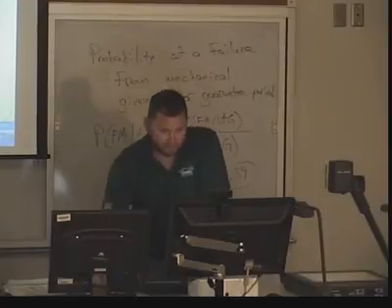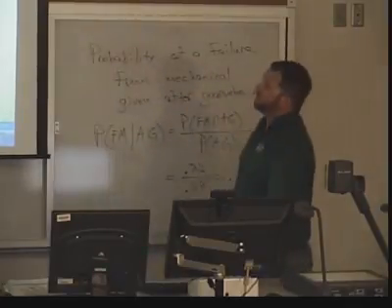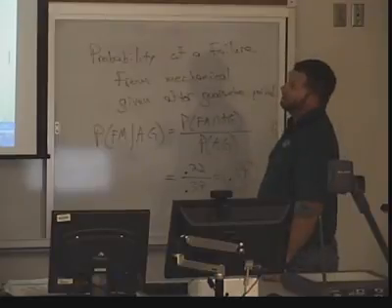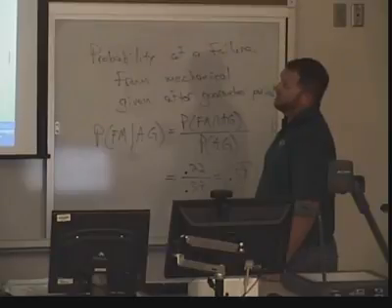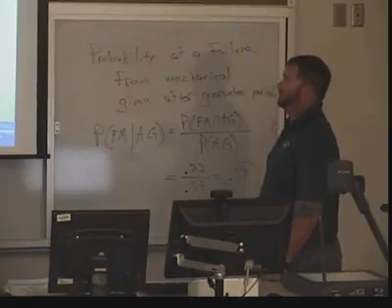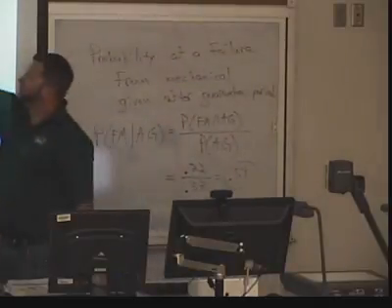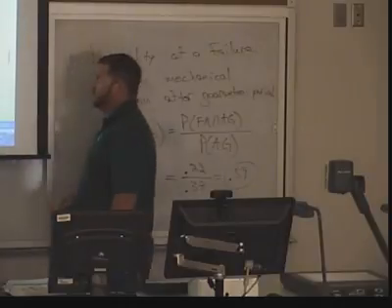Can everybody see that? For two events, A and B, the probability of A is 0.5, the probability of B is 0.2, and the probability of the intersection is 0.1. So they're definitely not mutually exclusive, right? If they were mutually exclusive, this would be 0. They would have nothing in common.